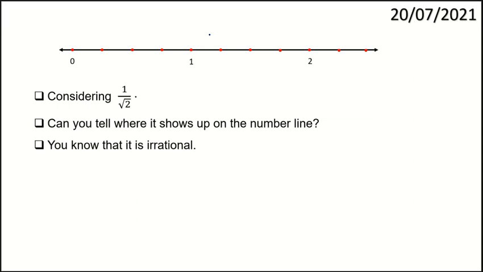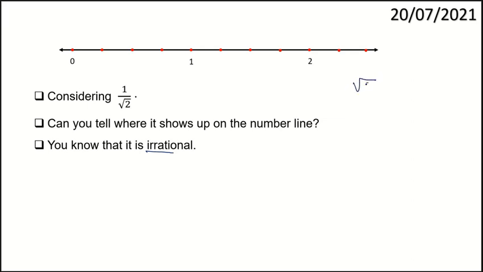You know that this 1 by root 2 is an irrational number. But how to represent this irrational number? You know how to represent root 2 but not 1 by root 2.